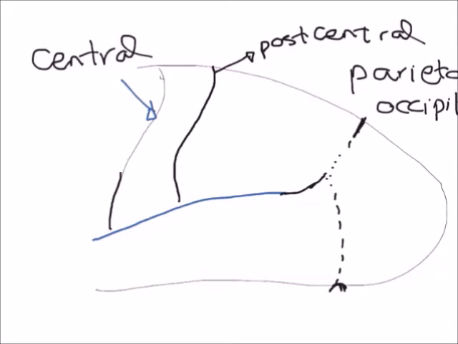Another sulcus or fissure, sometimes they call it fissure, is the intraparietal sulcus, just in the middle of the parietal loop.